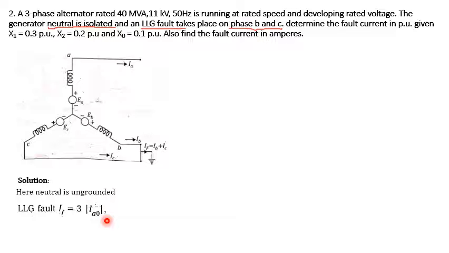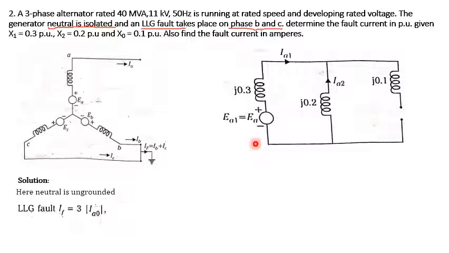To calculate that IA0, we should know the interconnection of the sequence network diagram. For the double line to ground fault, the positive, negative and zero sequence networks are connected in parallel. But here we need to consider that the neutral is ungrounded. So what will happen here?